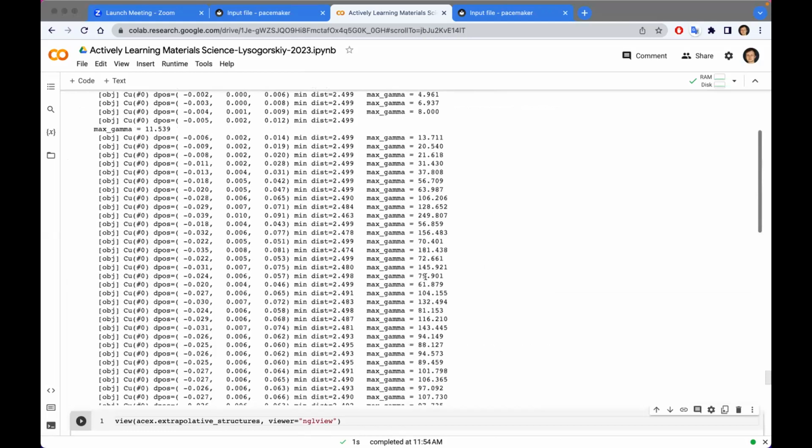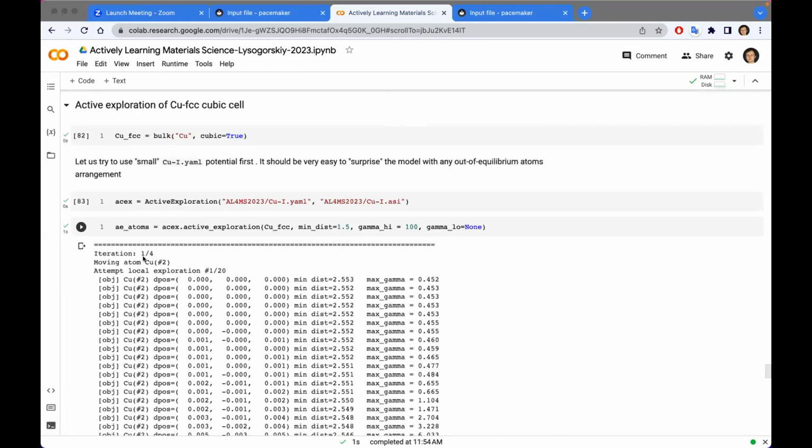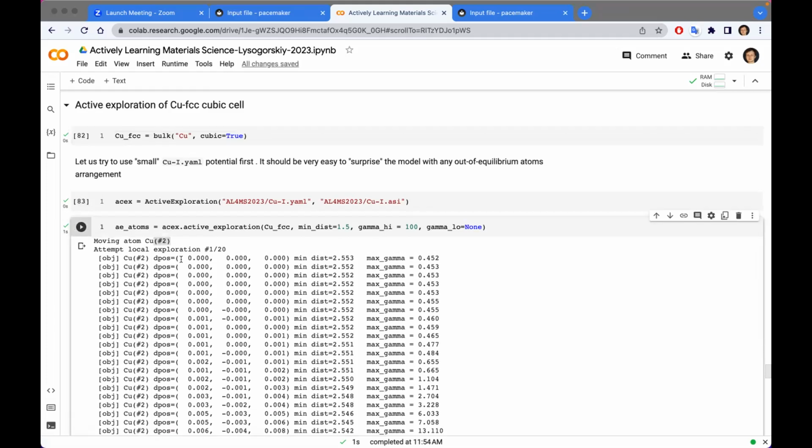So what does it actually do? We can read it from the logs. In this FCC structure we have 4 atoms. It randomly chooses atom number 2, and then it tries to move it away from its original position. So it starts from 0, 0, 0, and the maximum extrapolation rate within the whole structure was 0.4. We've seen that before, it's actually the Nelder-Mead optimization.